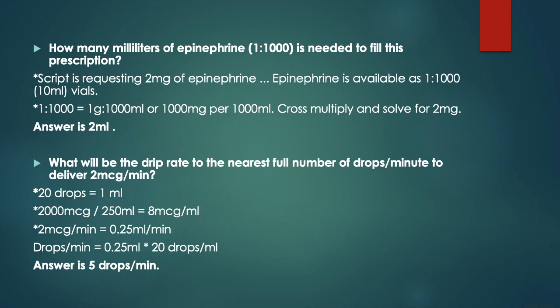Another thing is that whatever solution we draw from the vial and put into the IV bag, for the practice questions coming up, just know that it's negligible, okay? You don't need to worry about it. So if I take 5 ml out of a vial and put it into a 100 ml NS, it's still going to be a volume of 100 ml NS for the calculations, okay? So please keep that in mind.